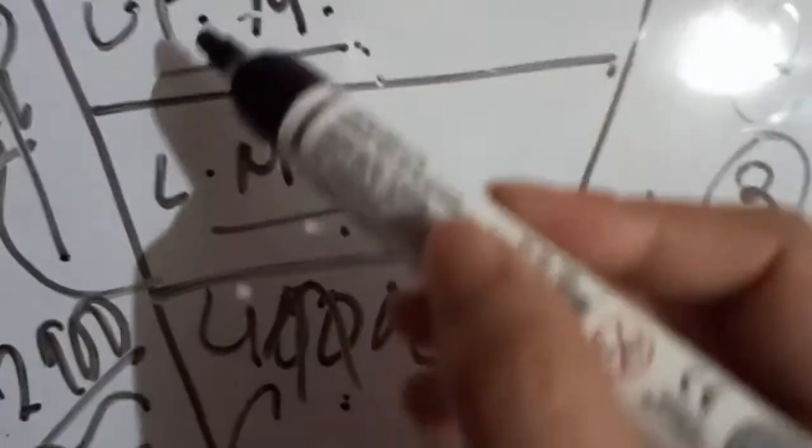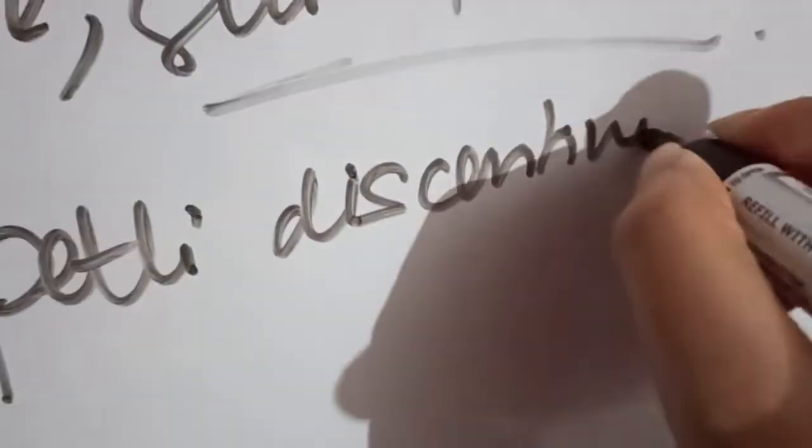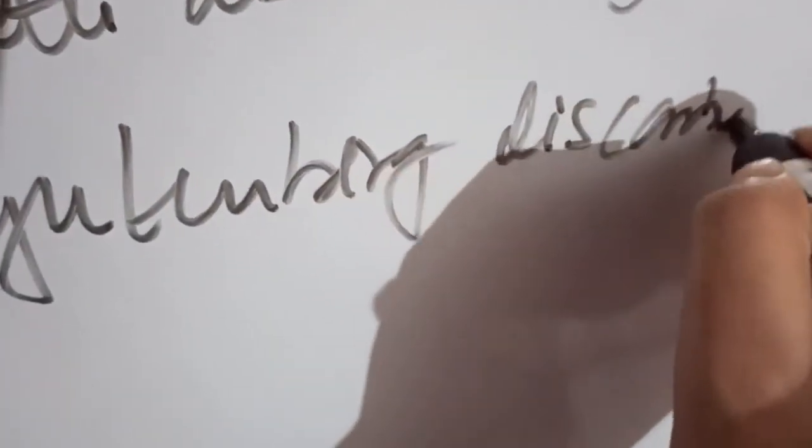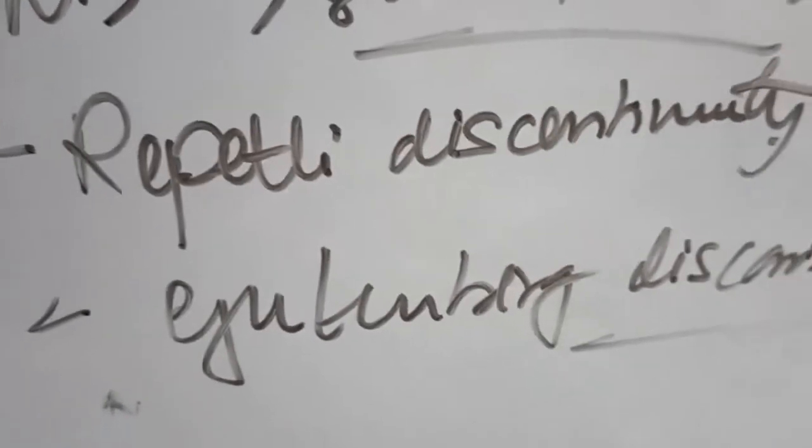The Crofesima and Nifesima, that is the upper mantle and the lower mantle, are separated by a layer known as the Repetti discontinuity, and the lower mantle and the core are separated by a discontinuity known as the Gutenberg discontinuity.